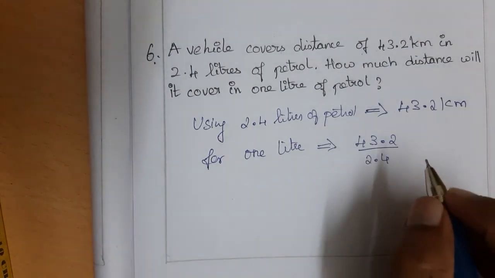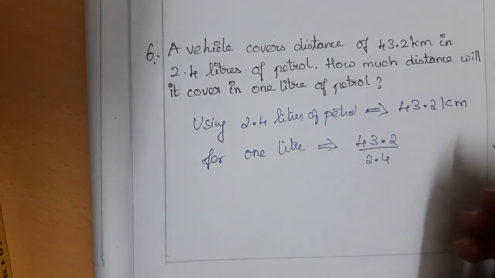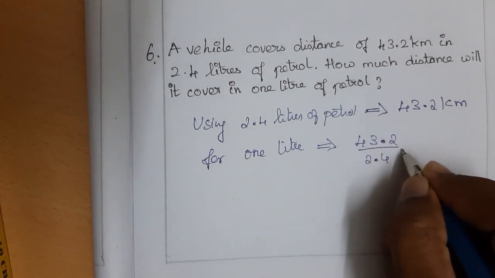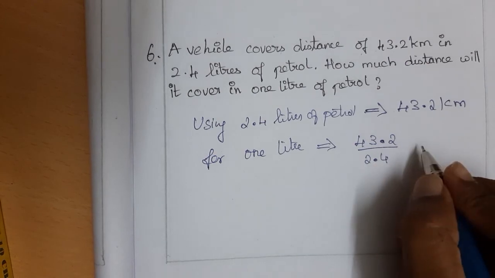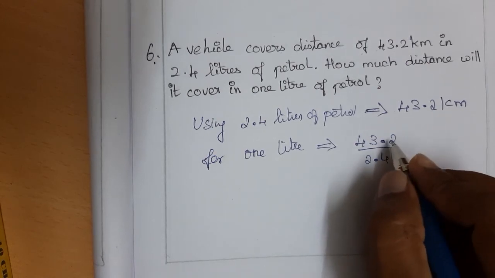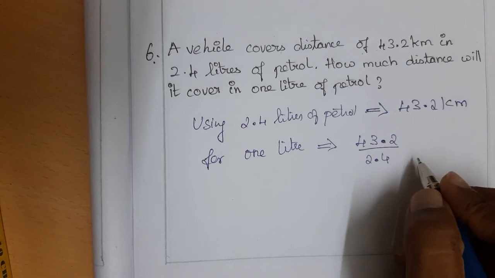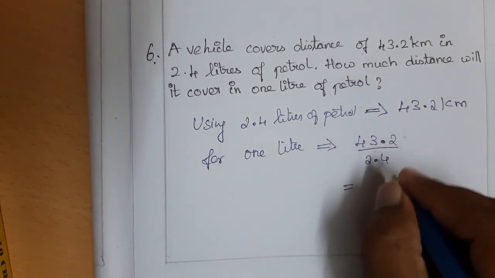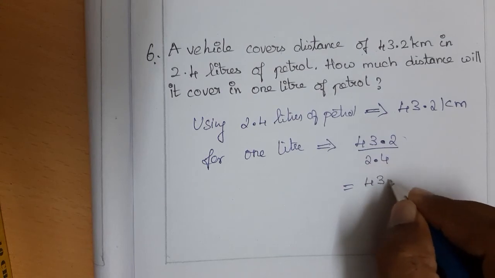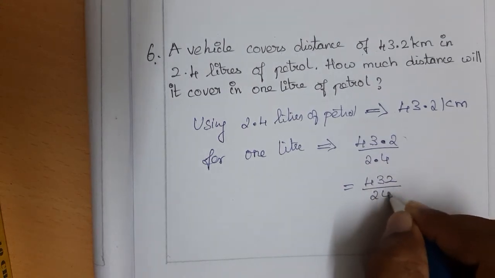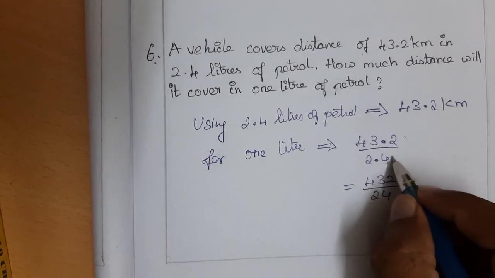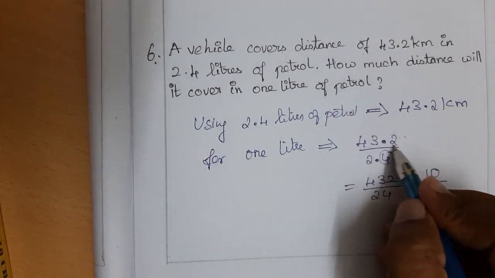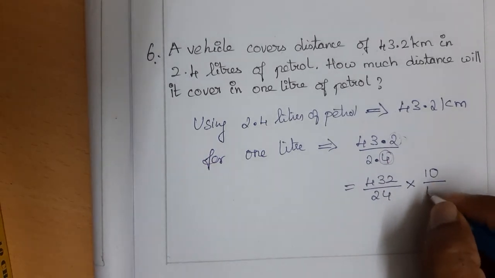This division, I have said you don't want to go for the normal method, just remove the decimal point, and multiply by 10 with the number of zeros followed by 1 in the opposite place. If it is in the numerator, place it in the denominator. If it is in the denominator, do it in the numerator. So we can write this without the decimal point as 432 by 24. In the denominator there is only 1 digit, so multiply by 10 in the numerator, and in the numerator there is also the same 1 digit, multiplied by 10.